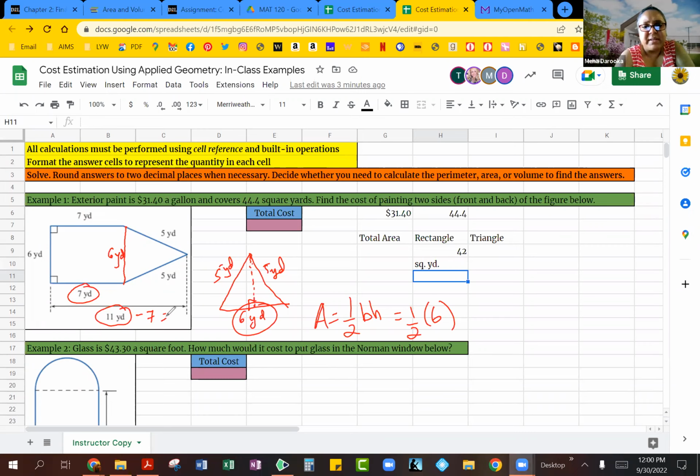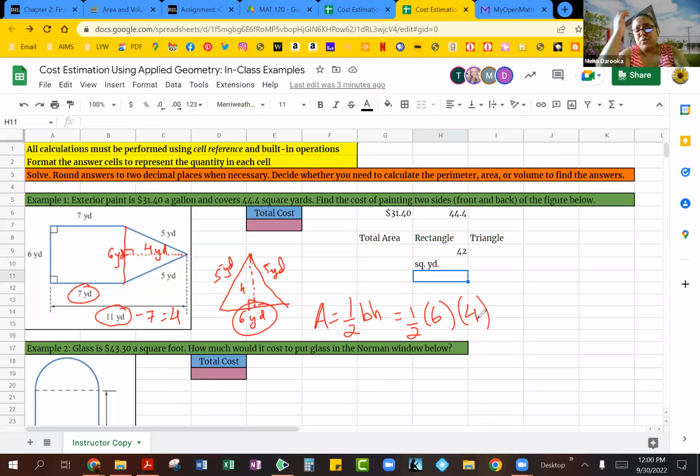Yeah, very nice. So 11 minus 7 will of course give us 4. And that's what this distance here is going to be, guys, which is going to be the height of your triangle. So this will actually be 4 yards. And that's what your height is going to be.